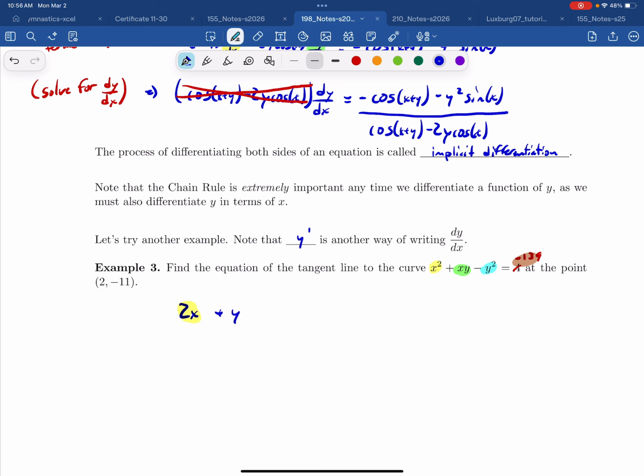Well, we take the derivative of x, we get 1, times y, plus x times the derivative of y, which is dy over dx, minus 2y dy over dx, right? See how we got our derivatives here? This whole thing in green was the derivative of that guy. And then this right here, we differentiate it, and we get this guy.